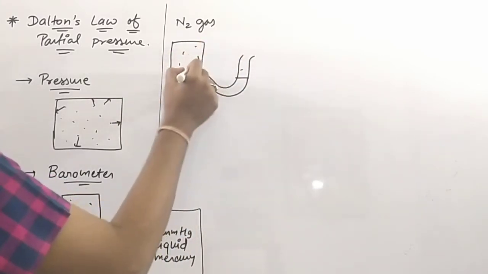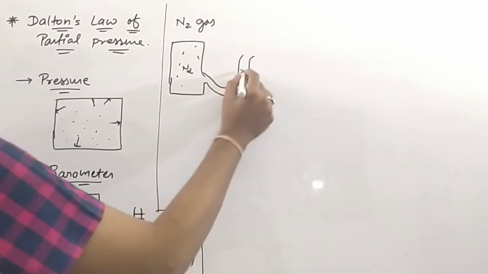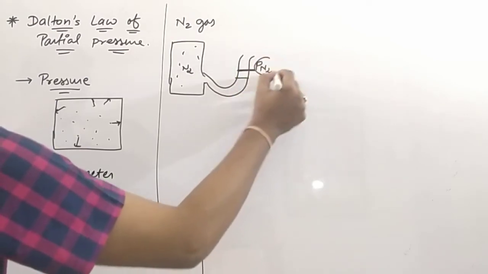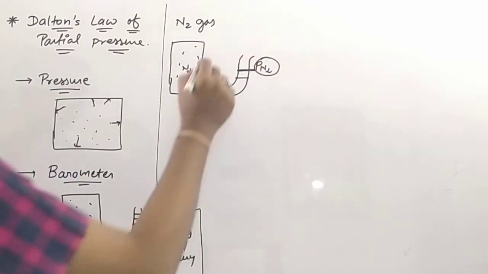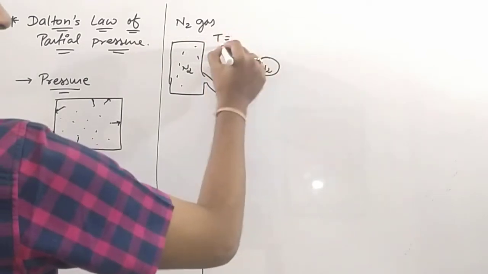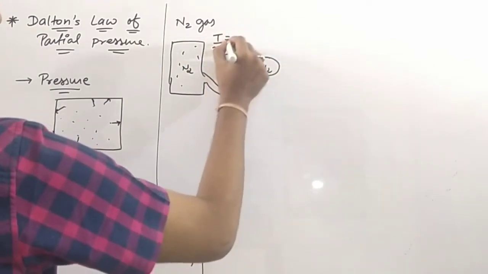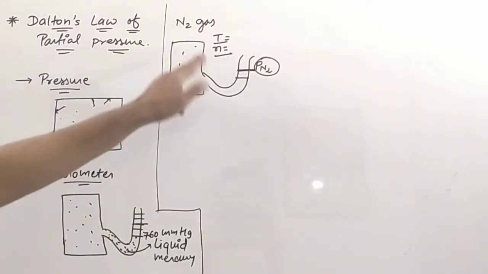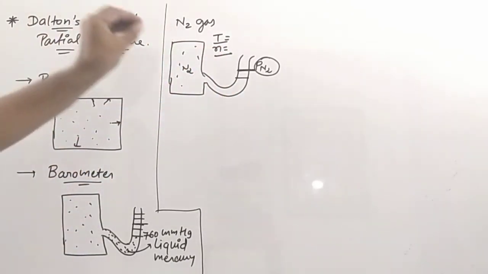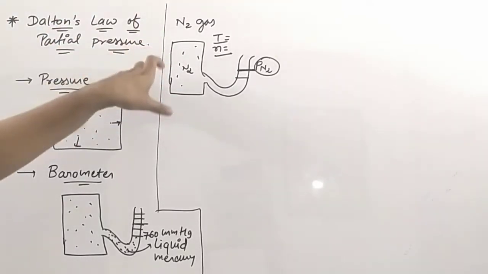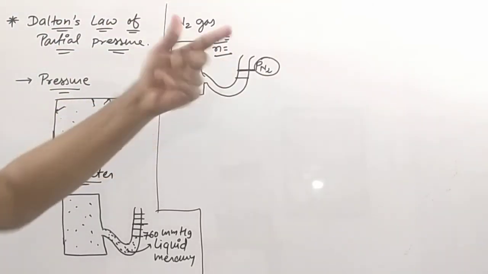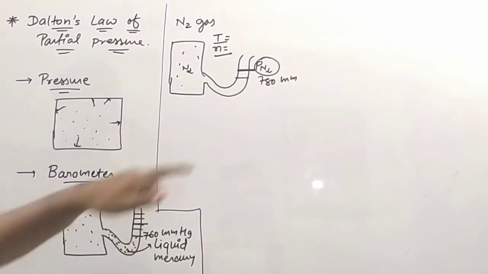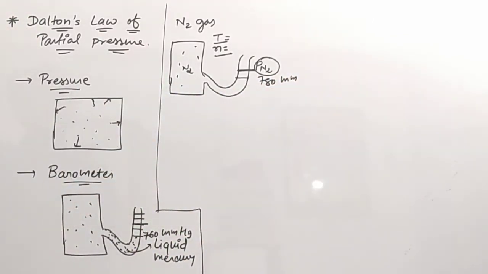Now if you have filled N2 gas and the mercury level went up to this, this is the particular pressure of that nitrogen gas at constant temperature, constant moles and constant volume. Suppose it went to 780. So 780 mmHg is the pressure of this nitrogen gas.